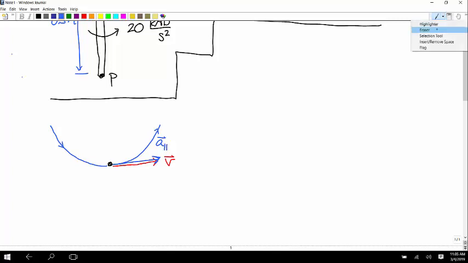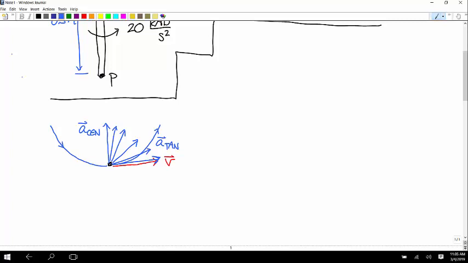Oh, and I'm calling it parallel and perpendicular, but in circular motion, this is the tangential acceleration. This is the centripetal acceleration. And the total acceleration is the sum of those two parts of the acceleration. So it's going to be somewhere in there.